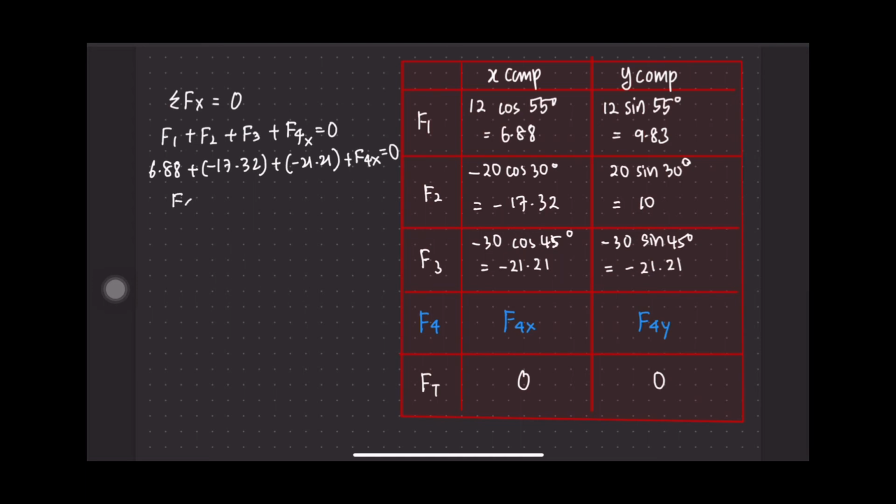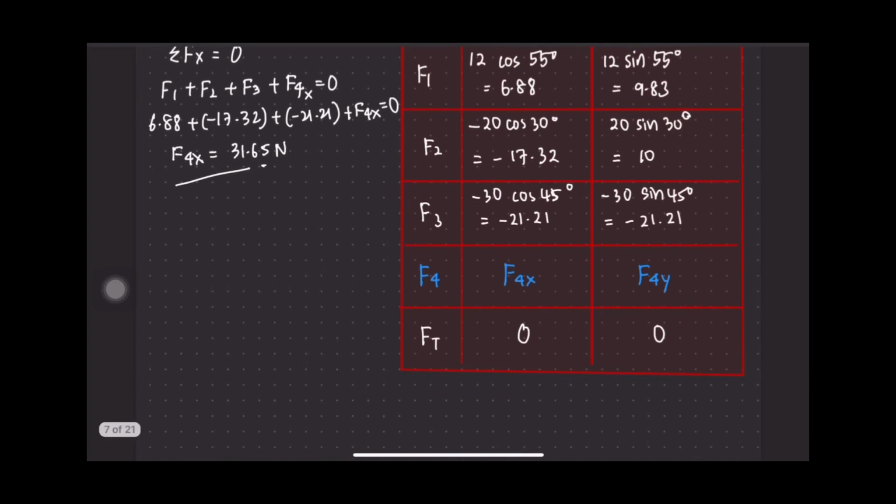So F4x is equal to 31.65 Newton. This is F4x. How about Fy? F4y. Summation Fy is equal to 0. F1 plus F2, this is also all x lah, plus F3y plus F4y is equal to 0.